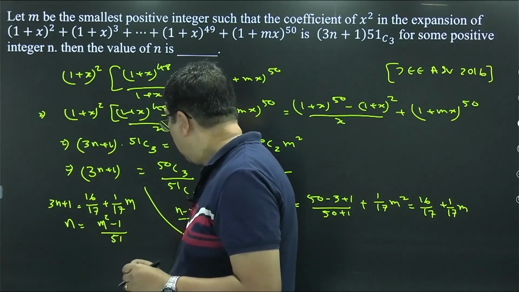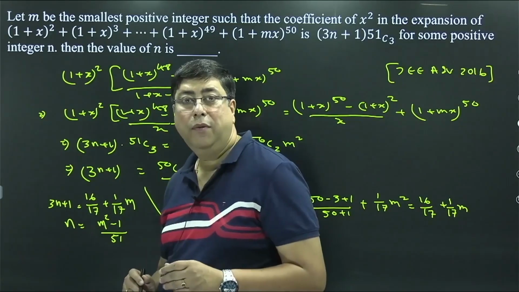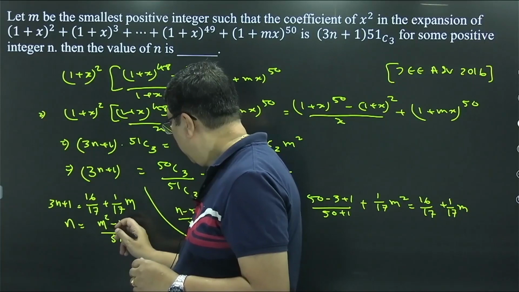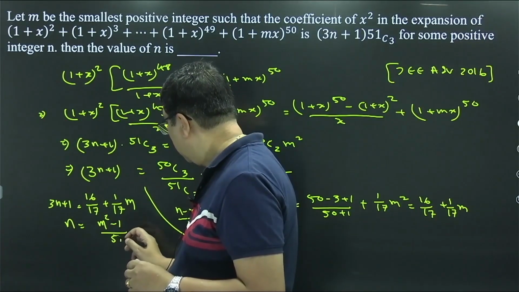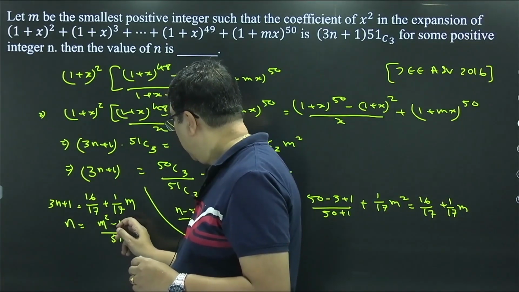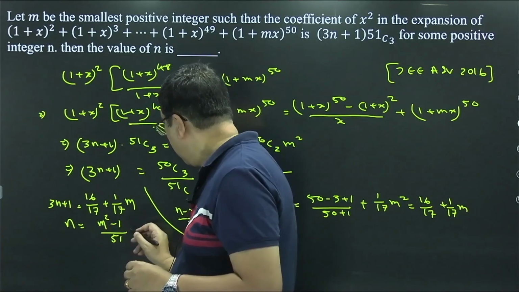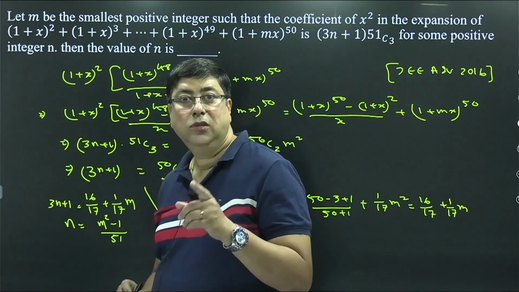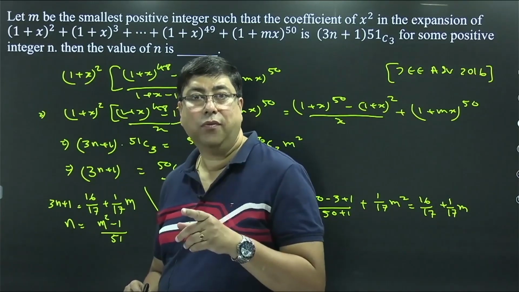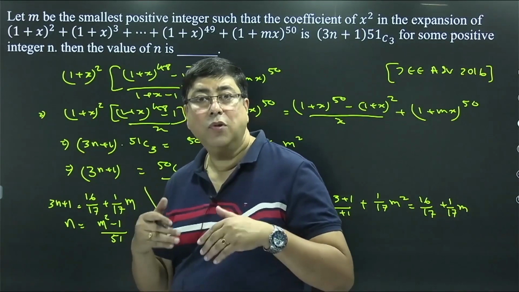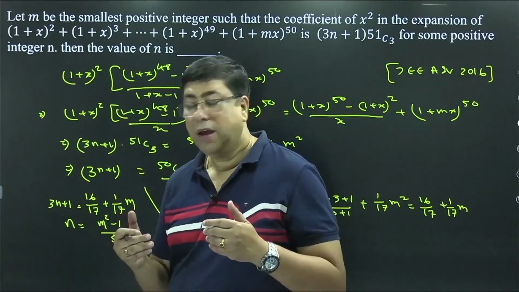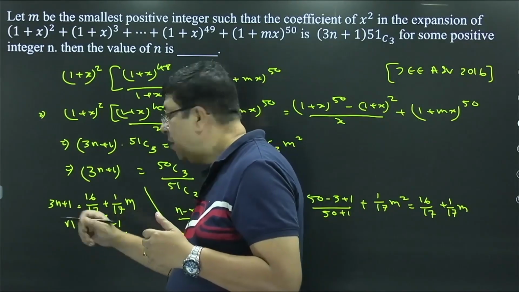Therefore, if we take m square equal to 51 times 2, 51 2s are 102, so not possible. If we put 51 times 3, not coming. And if we put m equal to 16, 16 square is 256, 256 minus 1 is 255. In this way we have to put different values of m, and we have to be satisfied so that we will get the minimum value of n.